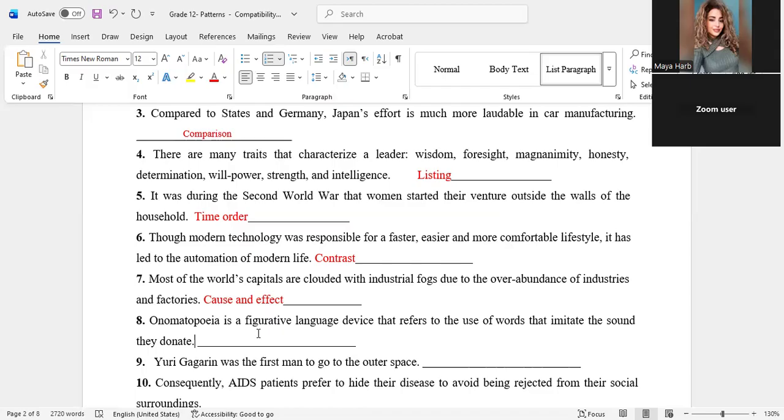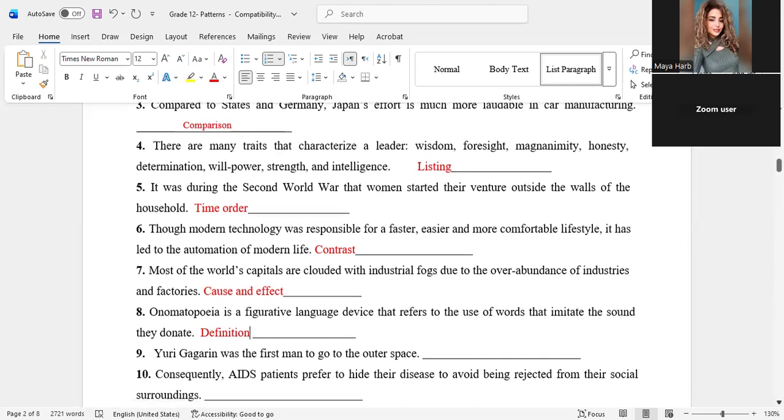Sometimes you have a word that is so similar to the sound it's describing. When you tell me, for example, the clock was ticking, tick, tick, tick, isn't this the sound of a clock? Yes. So this is onomatopoeia. It's when the word describes the sound it's representing. So what is onomatopoeia? Isn't this its definition? Yes. So in this case, it's definition.